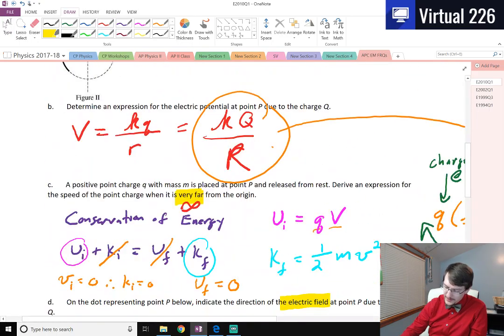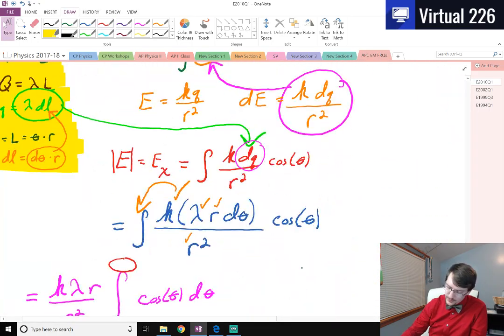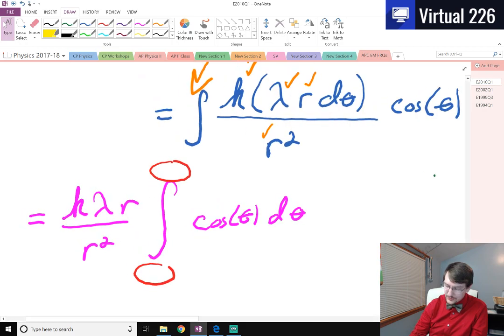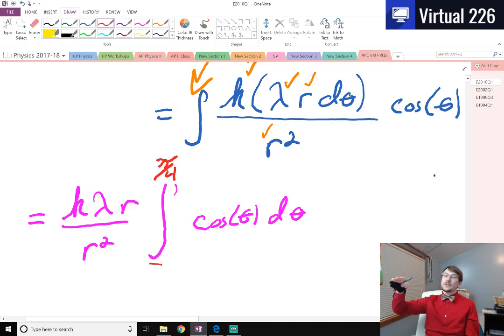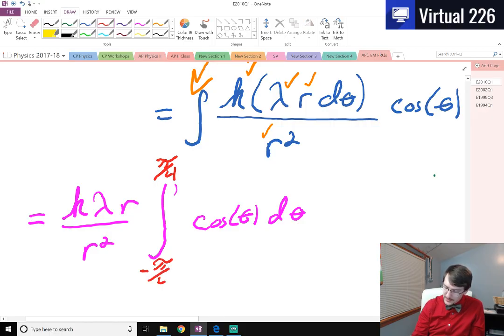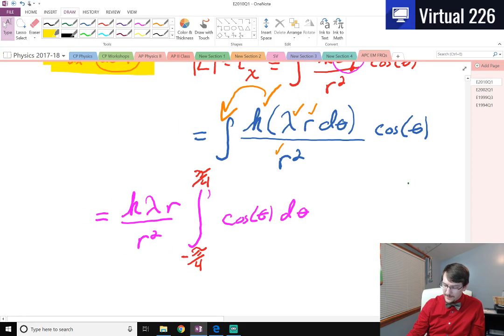So our bounds, where we're going to and where we're going from, can be written as pi over 4, because we're going one way. If you go the opposite direction, those are negative angles. These need to be angles, because we're integrating with respect to angles. So negative pi over 4. Okay?